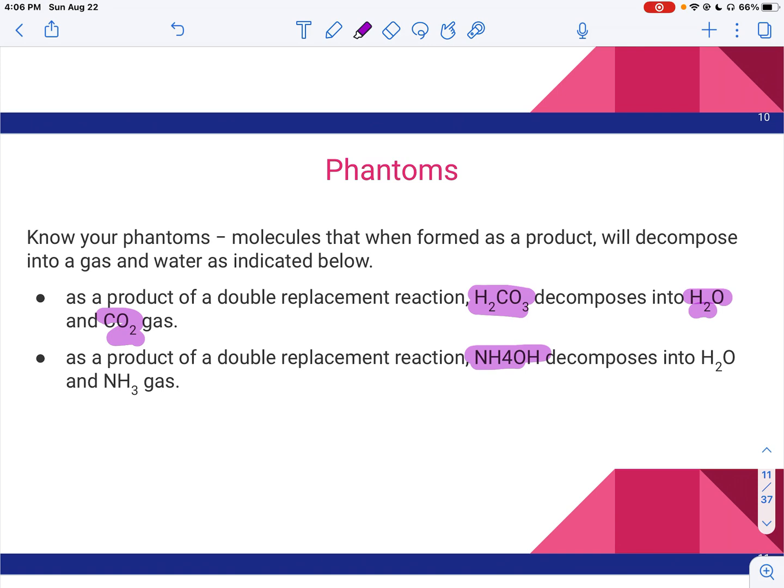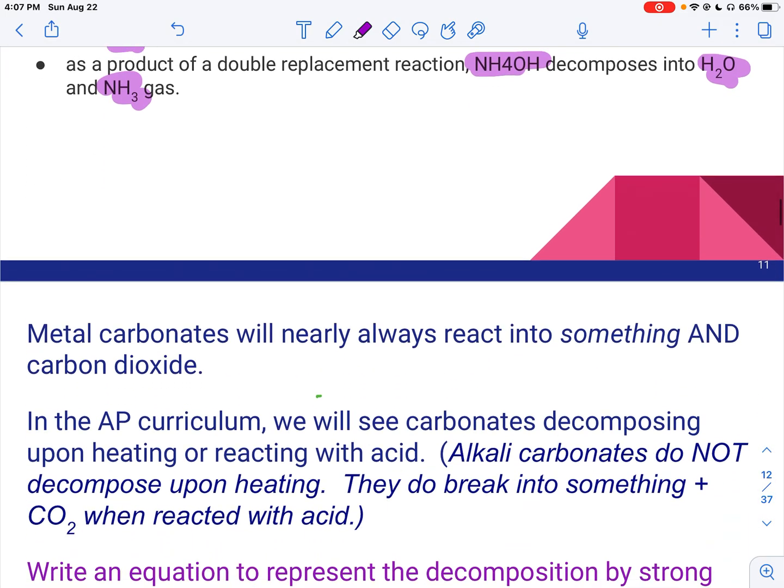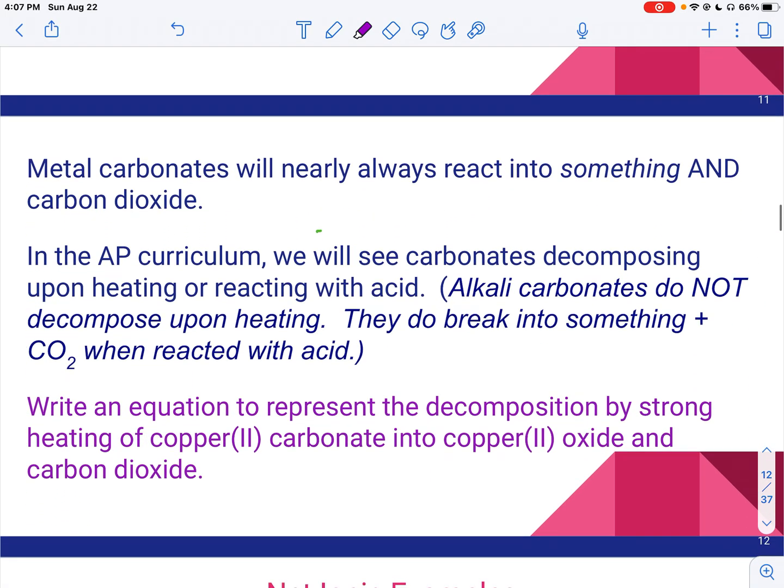Okay, it's a figment. So you can just automatically write it as H2O and CO2. Same for NH4OH. It's going to decompose into H2O and NH3. So as soon as you see that, you can write H2O and NH3, because ammonium hydroxide is a phantom. Another category of phantoms are metal carbonates.